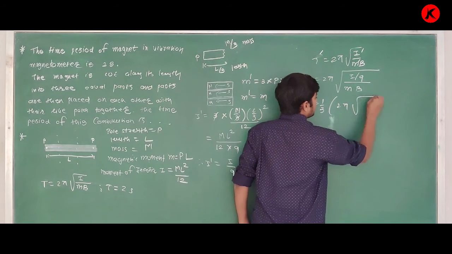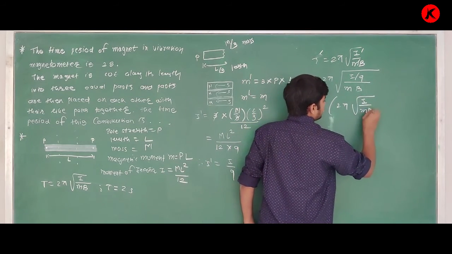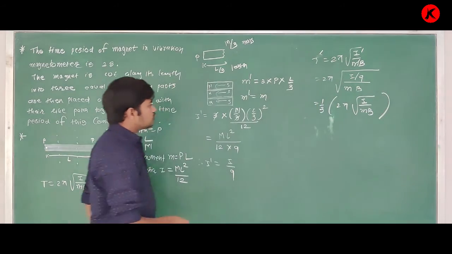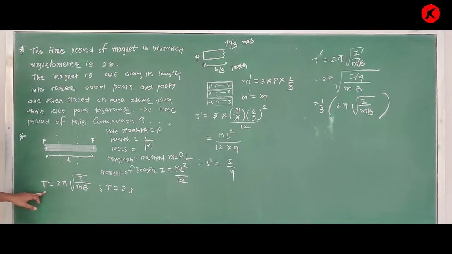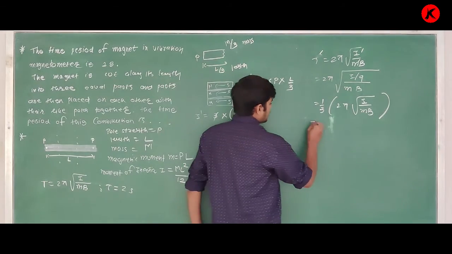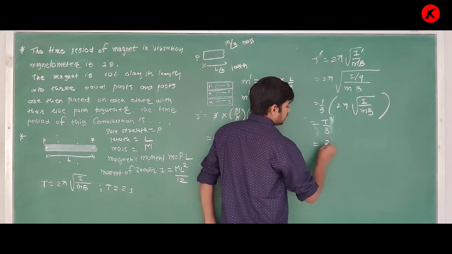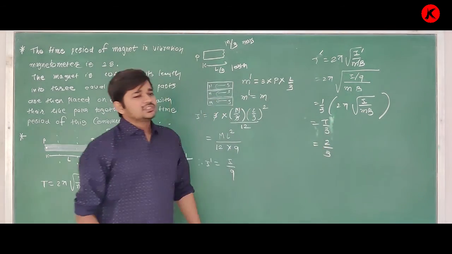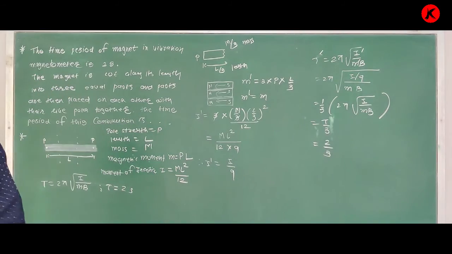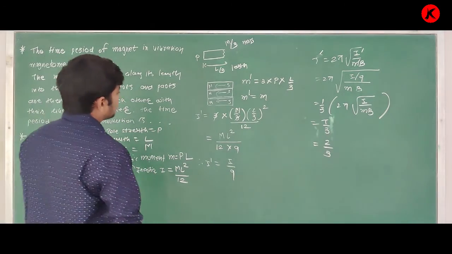Here it is 2 pi under root I upon m B, but that is T. So it is T by 3, and that is your answer.